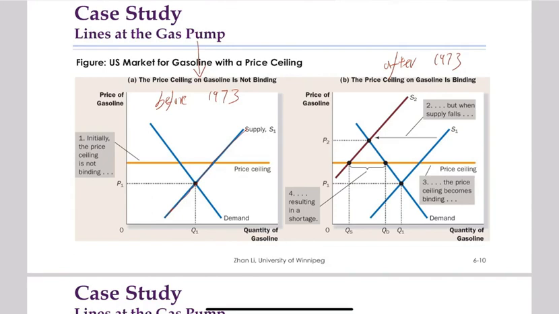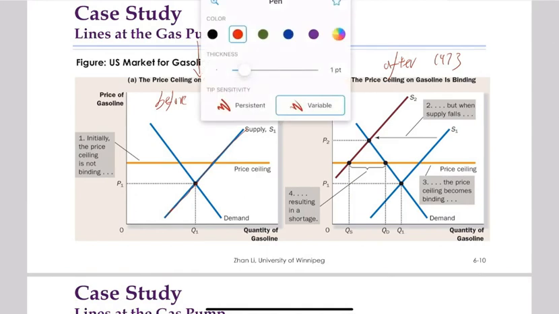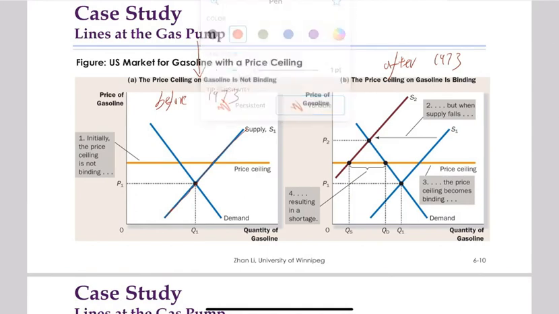And you can see that the oil price increased a lot, right? So it increased from P1 to P2. Right? So this is the original equilibrium. And after the supply shock created by OPEC, we have an equilibrium here.